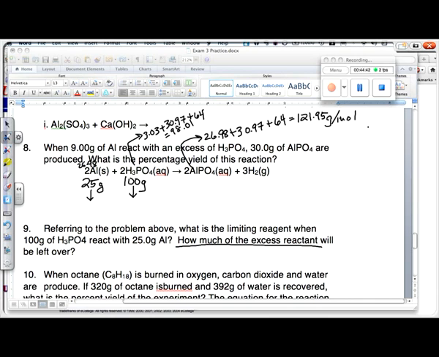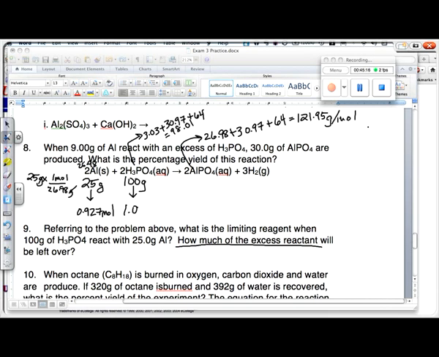So I will take 25 grams divided by the molar mass, I'm just showing you with this one that we need to divide using the units. And I end up with 0.927 moles of the aluminum. And for the phosphoric acid, I end up with 1.02 moles.